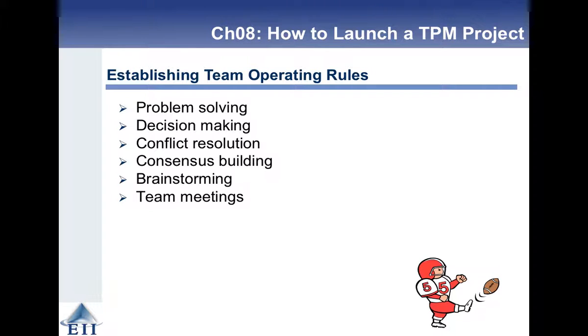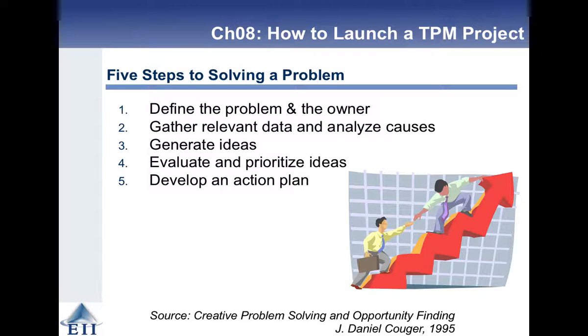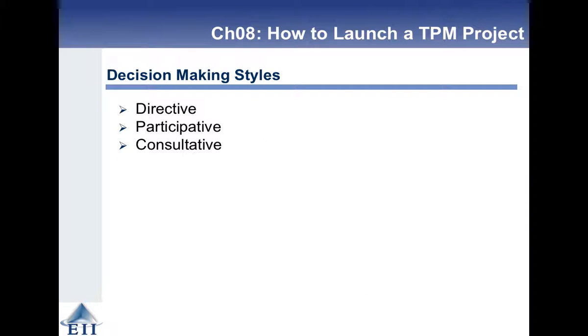So now let's talk about some of the operating rules, right? There's a 5-step process to solving a problem. Define it, gather data, generate ideas, evaluate and prioritize the ideas, and then develop an action plan. There are several ways you can make decisions.